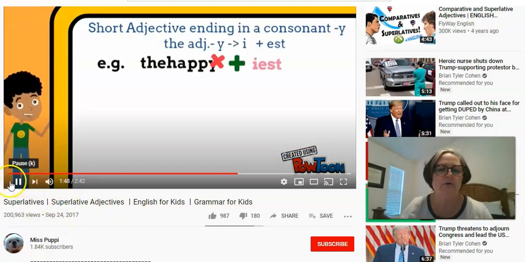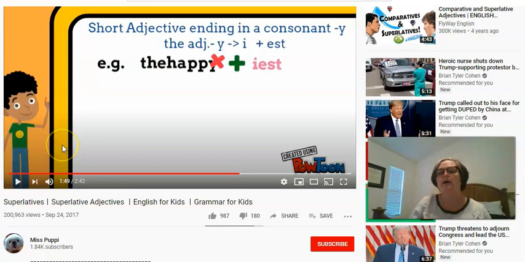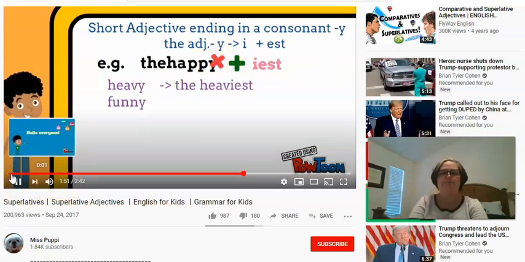So just like when we wrote heavy or any of those, we're always going to take the Y off and add the IEST. So if it ends in a Y, take the Y off and add the I, and then you add your EST.